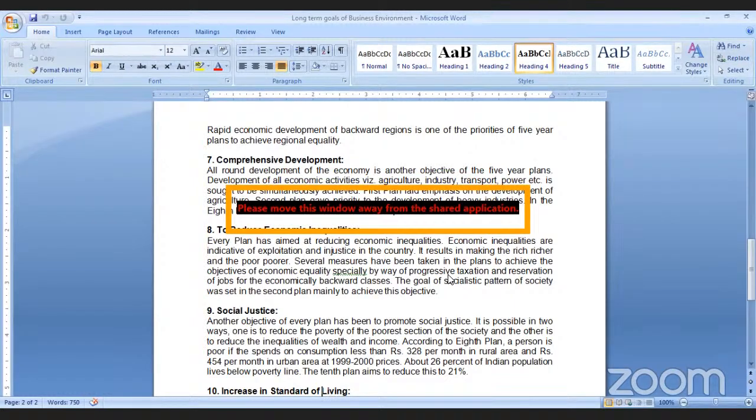So that is one of the ways to make your environment happy and efficient.